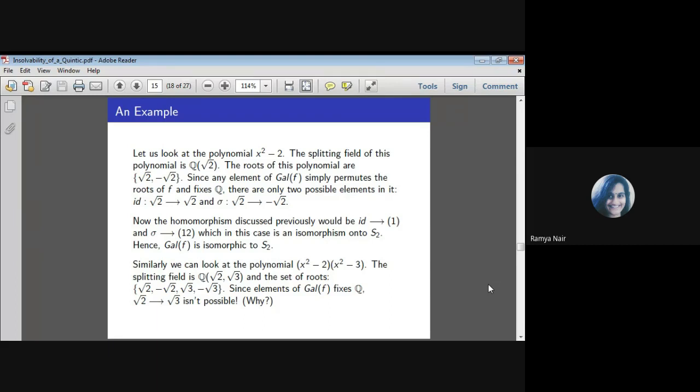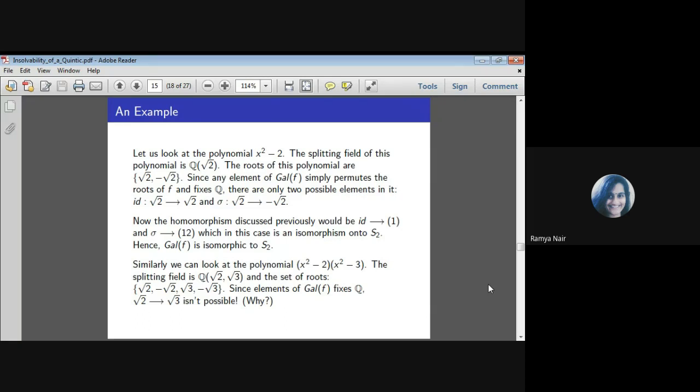Now the homomorphism that we discussed previously: you have two elements and you have to send them to two elements of S2, since here your polynomial has only two roots. So the S_X that we had over there would be S2 in this case. S2 has two elements, right? It is just the identity element and the transposition 1 going to 2.